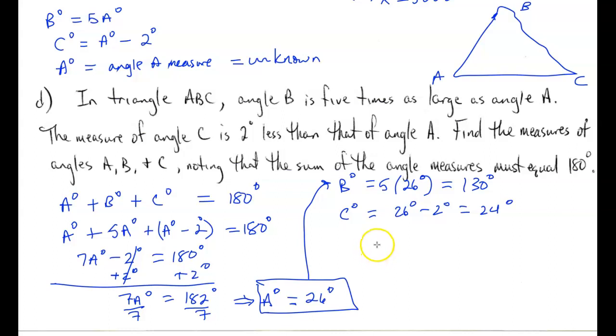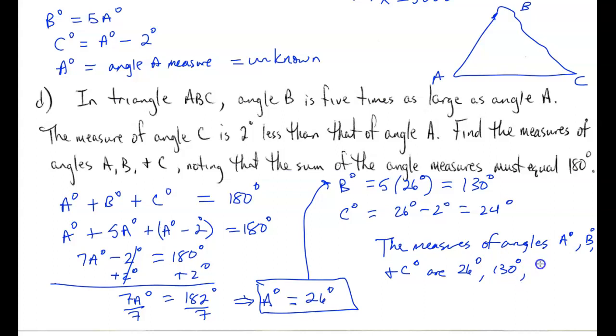And so we'll say here that the measures of angles A, B, and C are 26 degrees, 130 degrees, and 24 degrees respectively.